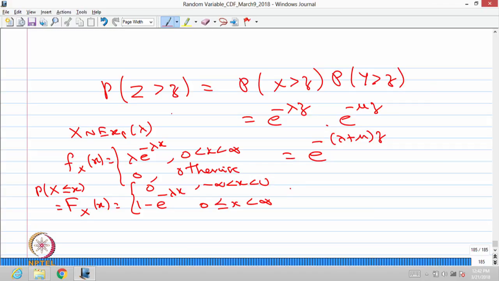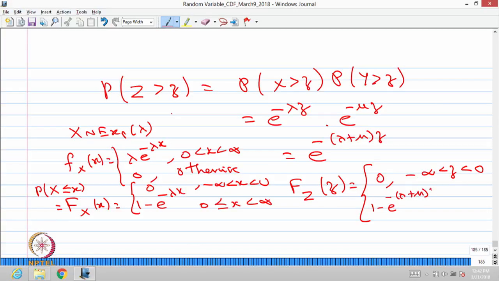So I can write the CDF of Z correctly: it is 0 when z is between minus infinity and 0, and 1 minus e power minus lambda plus mu times z when z is from 0 to infinity. So this is the distribution of Z. Distribution means here it is a CDF.